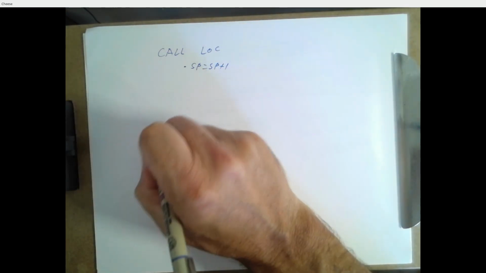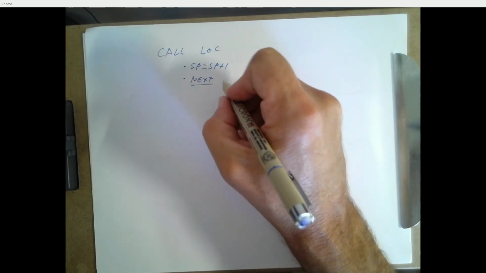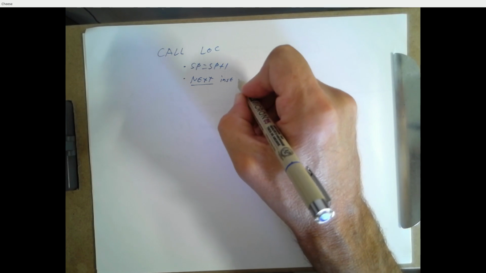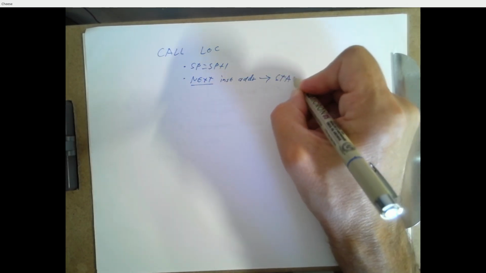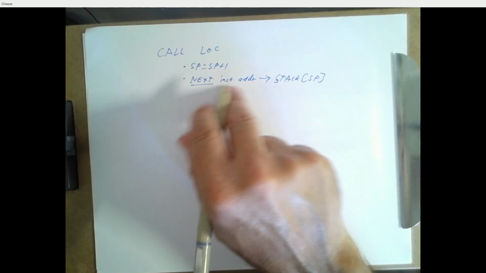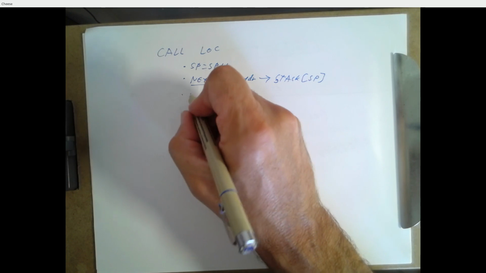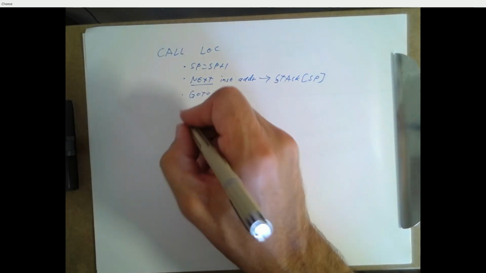The stack pointer gets incremented. The next instruction address gets saved onto the stack. So it basically pushes the address of the next instruction, and then it says go to whatever that location is.